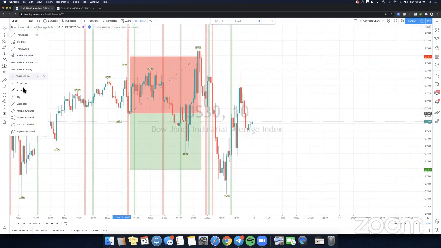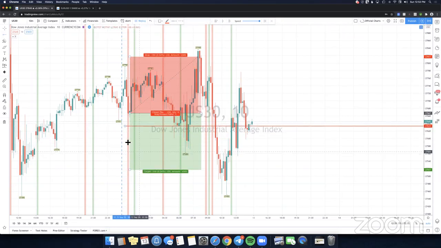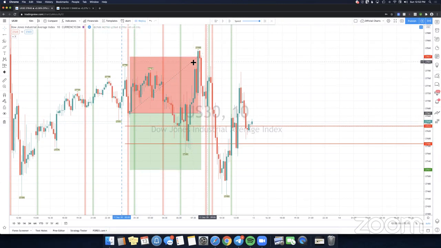So right here, if you're using the exit strategy, TP1 would be somewhere over here, and TP2 would be somewhere over here. As price moves down right here, you would have moved your stop loss to this point, so you wouldn't have gotten stopped out. But if you let it run, then you would have gotten stopped out. So it just depends on how you want to manage your trade.